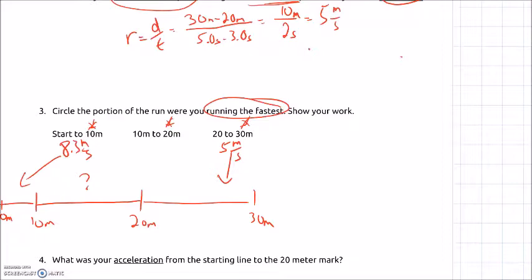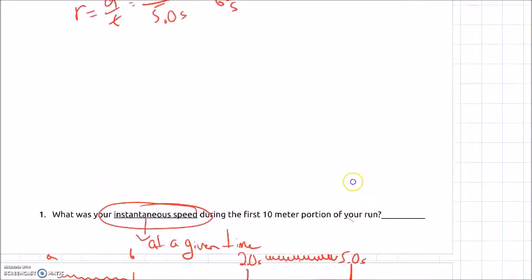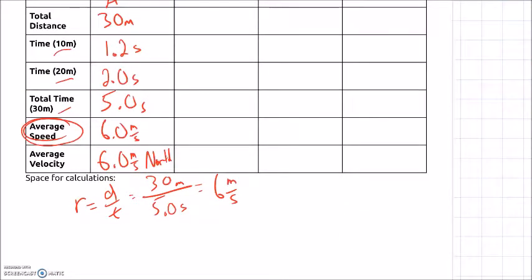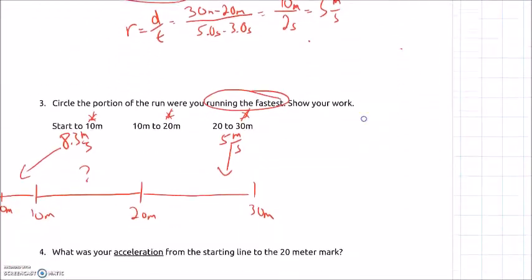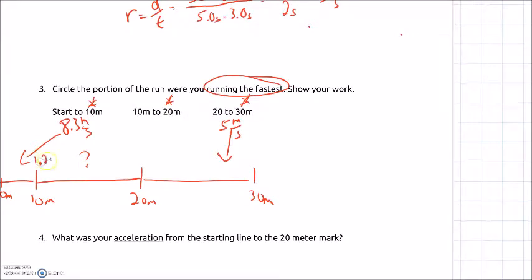We know our time at 10 meters was 1.2 seconds, and our time at 20 meters was 2 seconds. So our rate equals distance over time, where our distance in this case was 10 meters, and our time was 0.8 seconds. How did we get that 0.8 seconds?